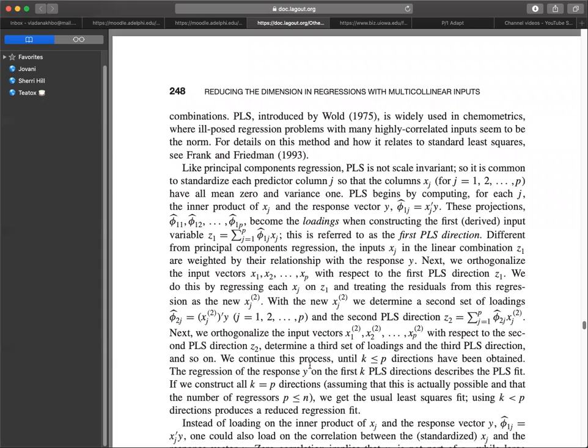Like principal components regression, PLS is not scale invariant, so it is common to standardize each predictor column j so that the columns Xj for j equals 1 through p have all means 0 and variance 1.